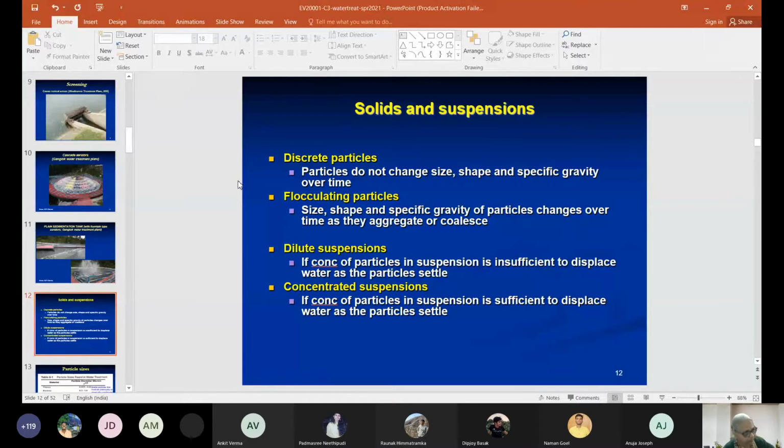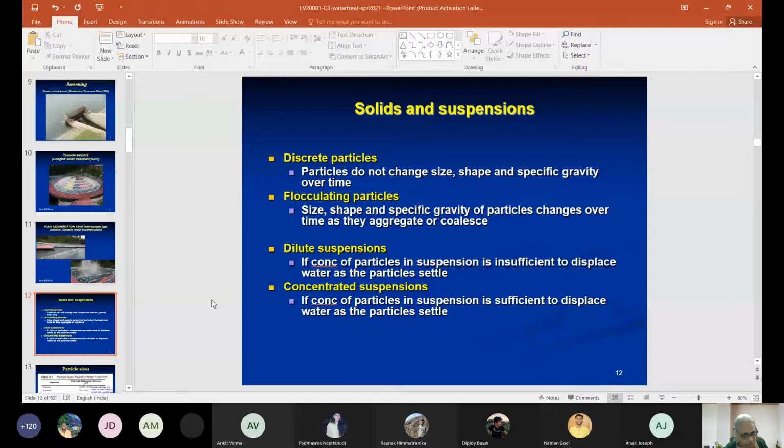Now, when these particles come down, very slowly they will come down. Over a period of 24 hours, 48 hours, you will get a collection of sediment at the bottom. If the concentration of particles is insufficient to cause any displacement at the bottom, because they are so small and fine in nature, they will not be able to displace the water because the concentration is very low. So because it's very low, they are called dilute suspensions.